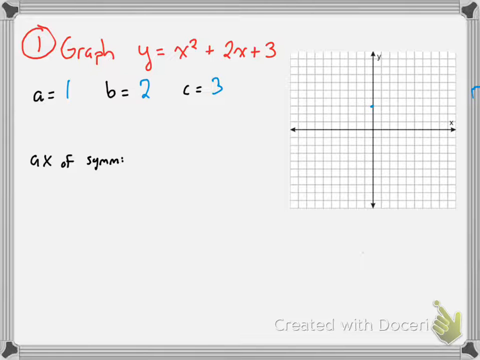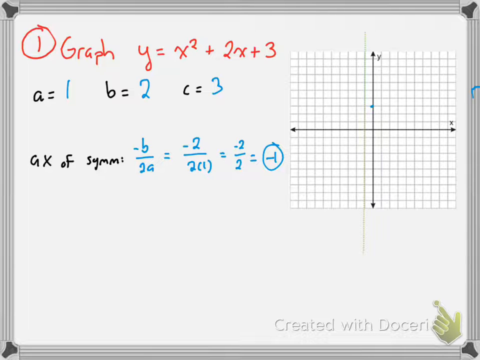Our axis of symmetry is negative b over 2a. So in this case, it's negative 2 over 2 times 1, negative 2 over 2, which is going to be negative 1. So I know that the x-coordinate of my vertex is negative 1, and I know that my axis of symmetry is going to go here.